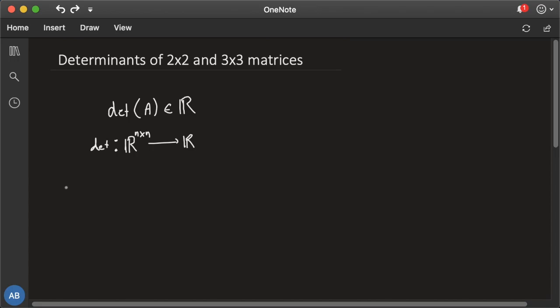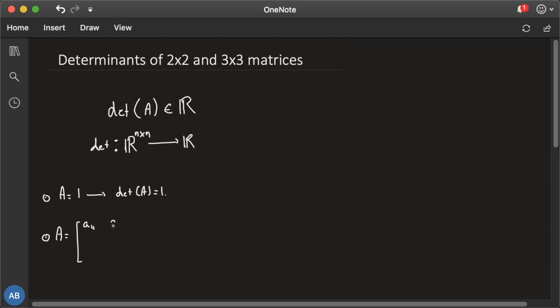So that said, if you've got a scalar, let's say the matrix A is just a scalar 1, then the determinant is only that scalar, right? Now let's go to the 2 by 2 case.